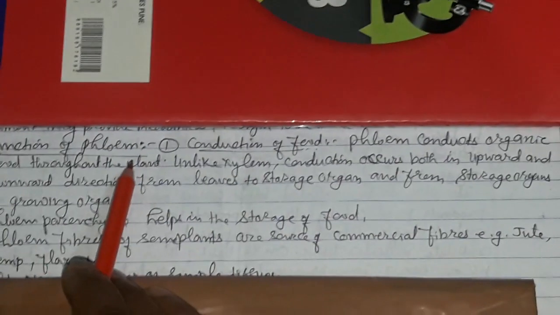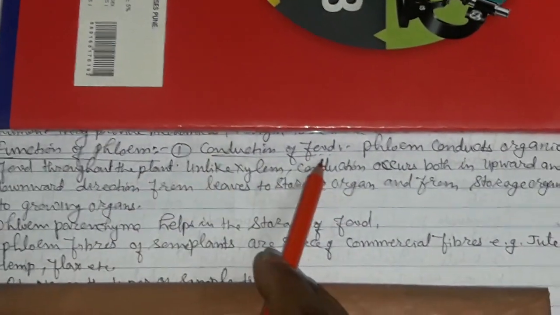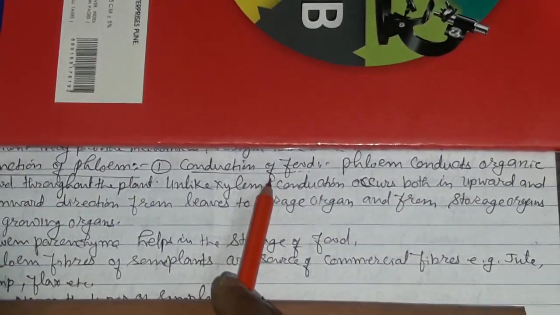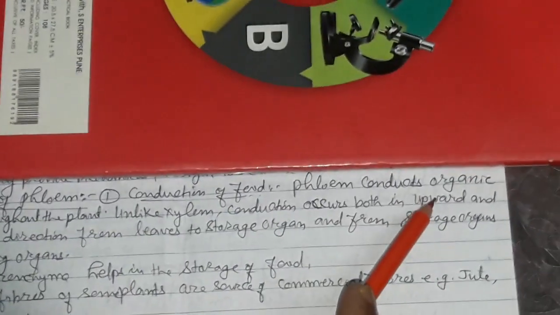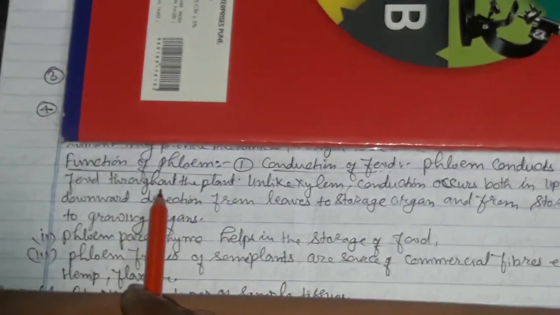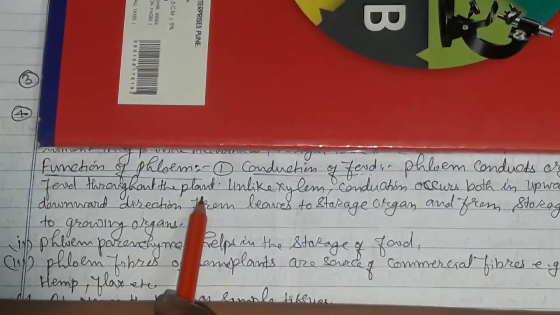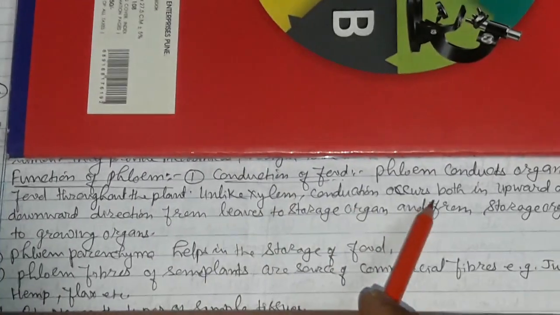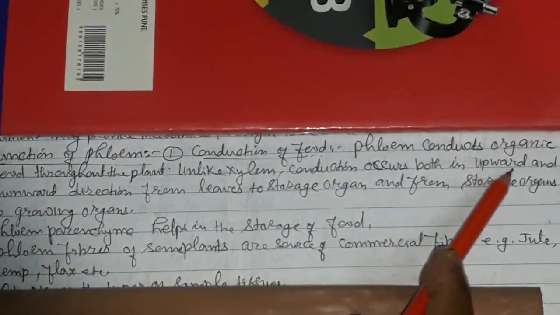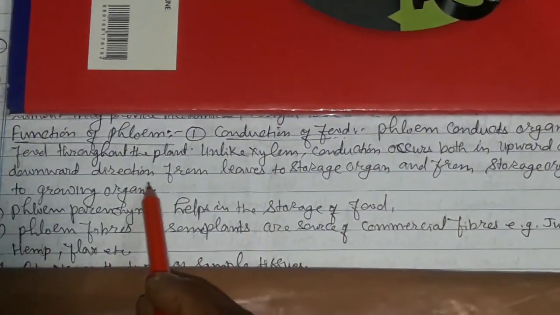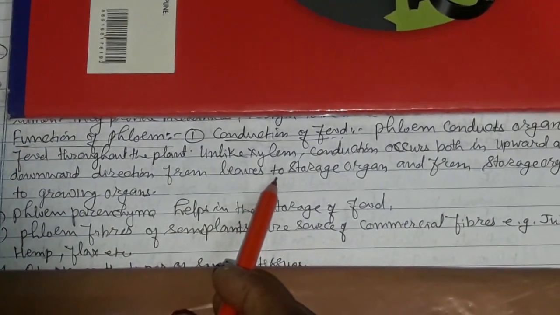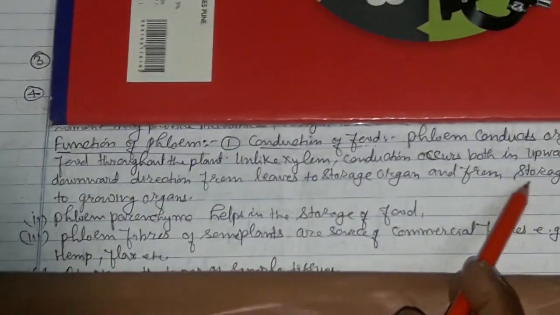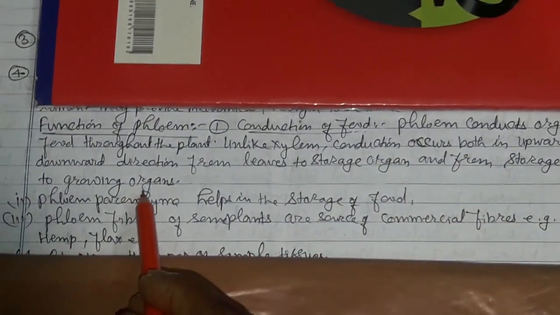Function of the phloem. The conduction of the food. This is the first function of the phloem. Phloem conducts the organic food throughout the plant. Unlike the xylem, conduction occurs both in upward and downward direction, from the leaves to the storage organs and from the storage organs to the growing organs.